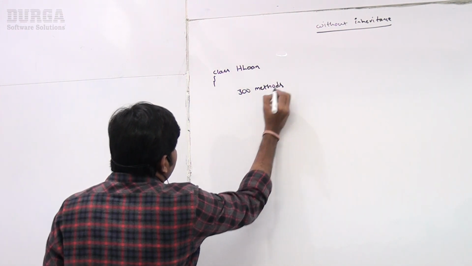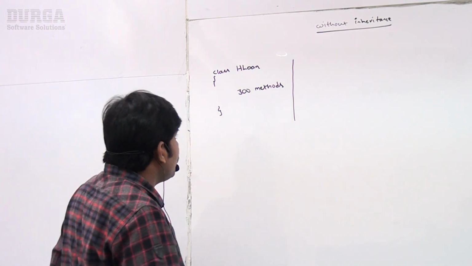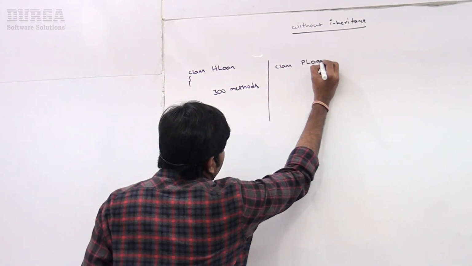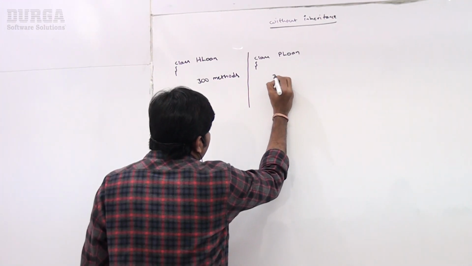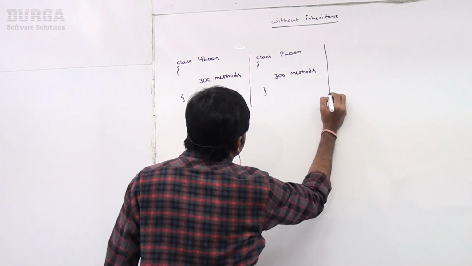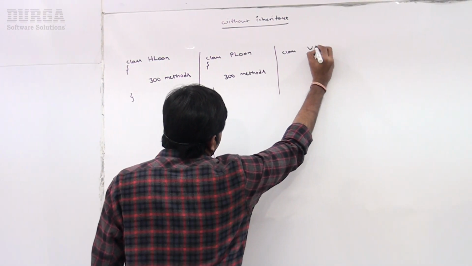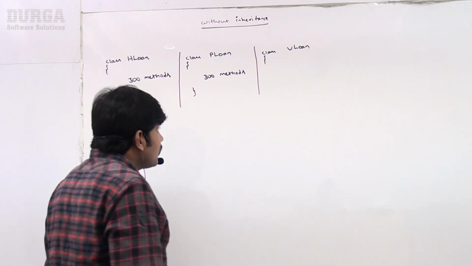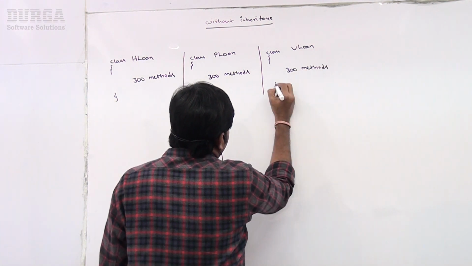Similarly, class PersonalLoan, related to personal loan also another 300 methods are there. Now there is a class VehicleLoan, car loan or bike loan. This vehicle loan also requires 300 methods.